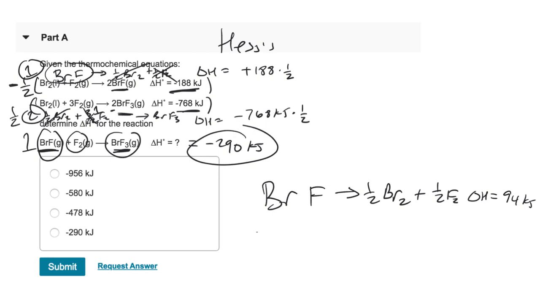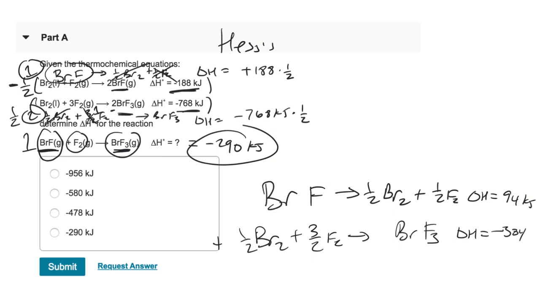And then we have a half Br2 plus 3 halves F2 going to BrF3. So negative 768 times a half is minus 384.